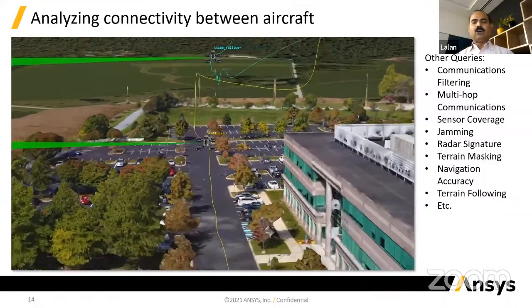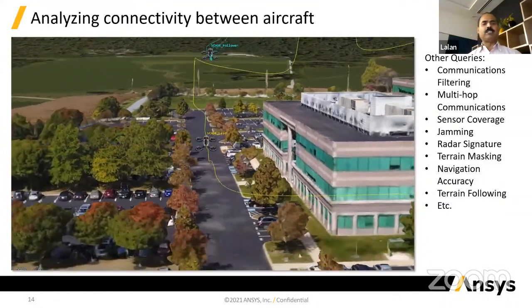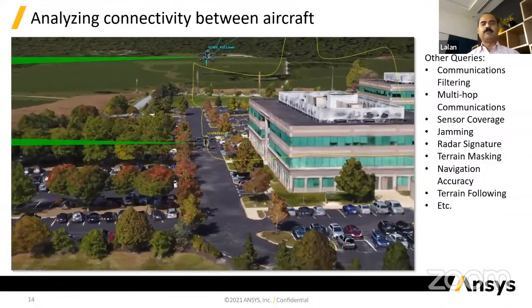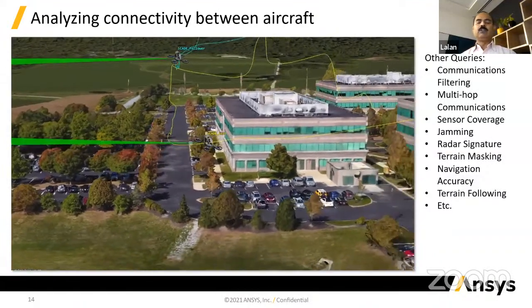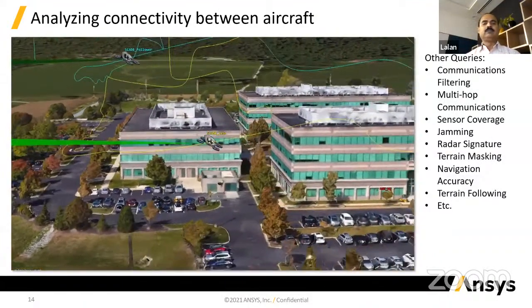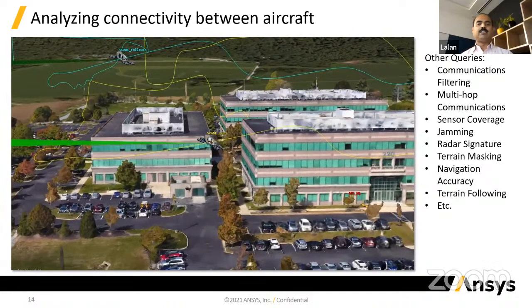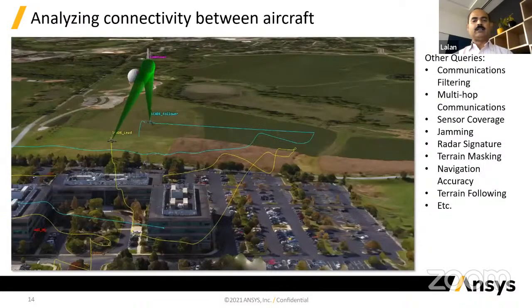The user can also perform various other queries, like I mentioned on the slide: multi-hop communications, sensor coverage. For example, if it is a military aircraft, then it's more like signatures. Then it could be terrain masking and so on.